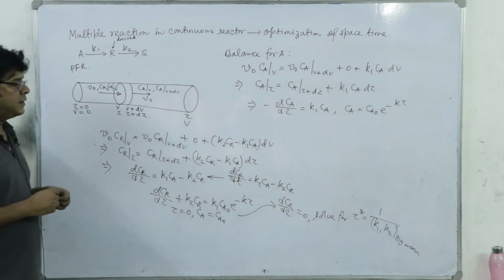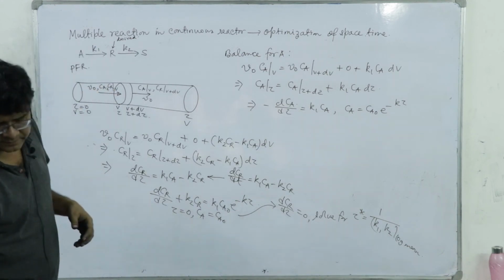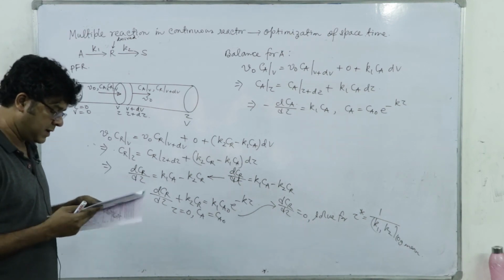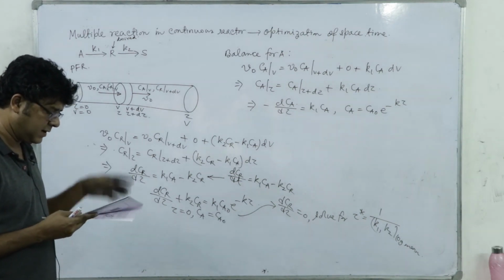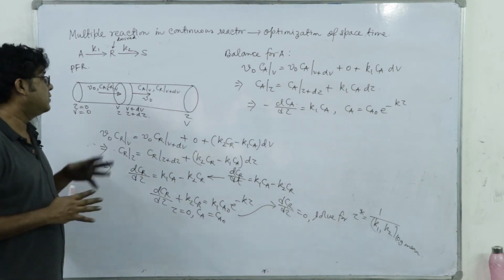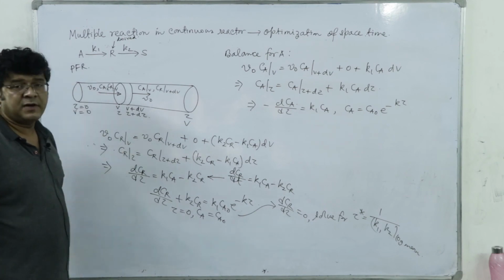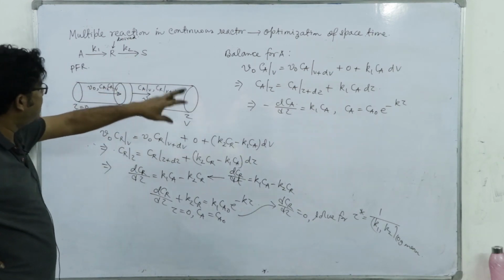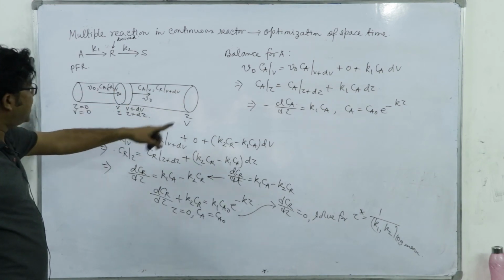Right. So the strategy here, what we have to note, it's pretty simple, but at the same time we have to understand that here for PFR we have to be very cautious also for CSTR regarding this balance equation.